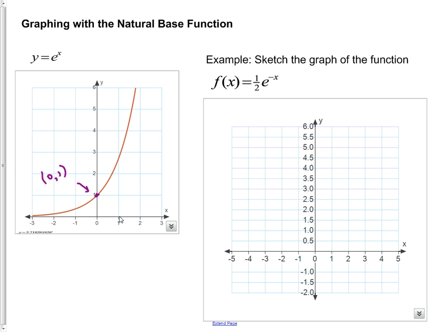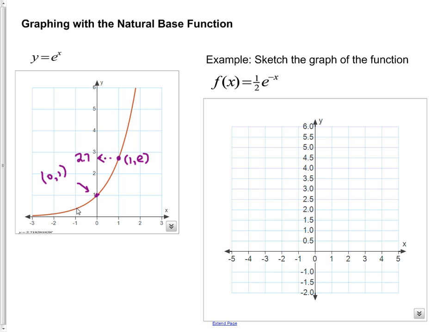We could say that x equals 1, y equals e, which seems kind of like a funny thing to graph. But e is about 2.718 along your y-axis, so it's between 2 and 3.